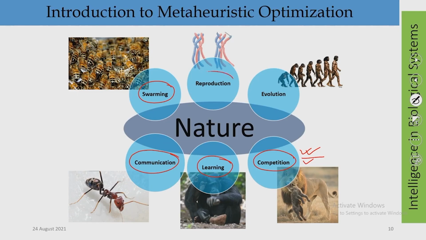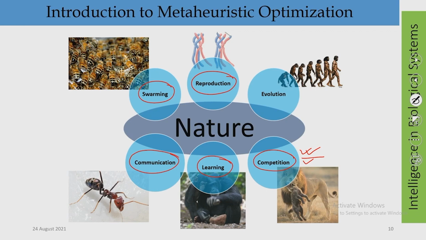And reproduction. Reproduction means they produce offspring. Now, when they produce offspring, some of the offspring may be better than their parents, or they may have better capability for survival.